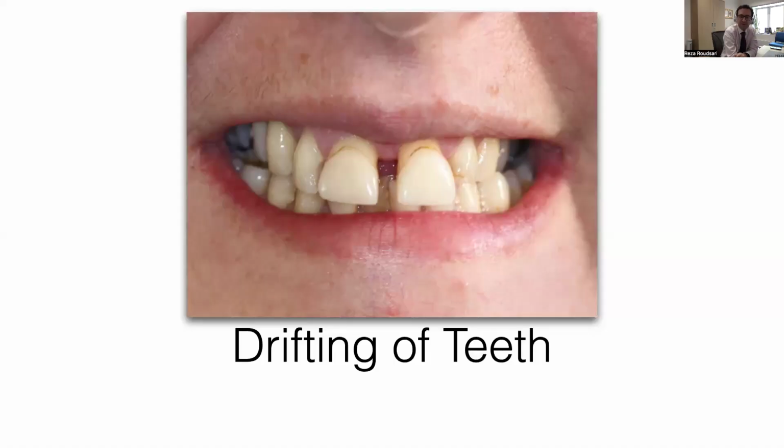And sometimes, if you have poor periodontal bone support, excessive forces can lead to movement of your teeth. This is a young lady in her late 20s who had a localized molar-incisor periodontal pattern, and you can see the central incisor with veneers, and they started to drift toward buccal.